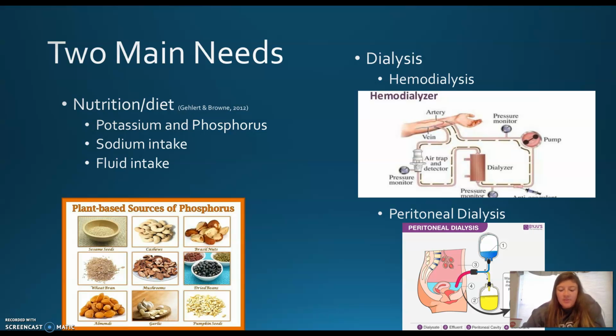It makes entrance into your body or your blood vessels through minor surgery. And then peritoneal dialysis cleans your blood within your body instead of outside by placing a catheter into your abdomen through surgery as well.